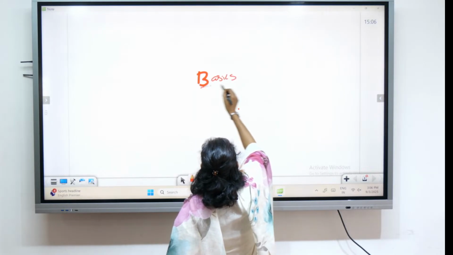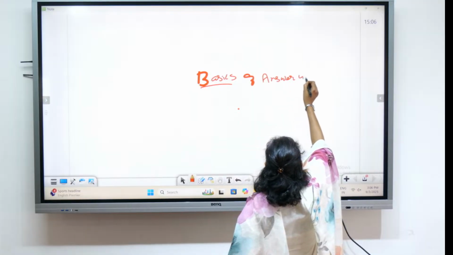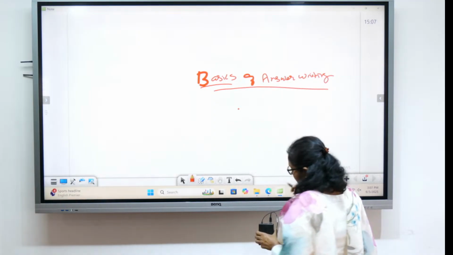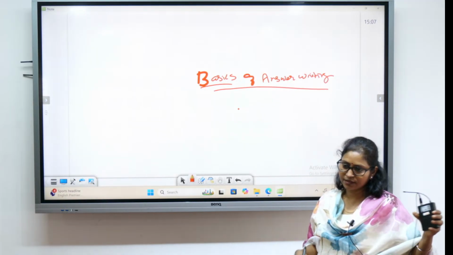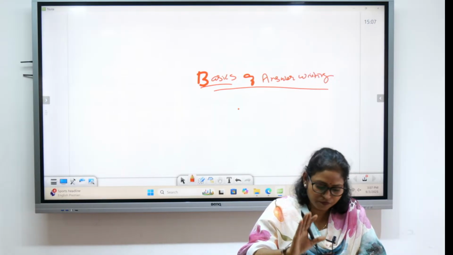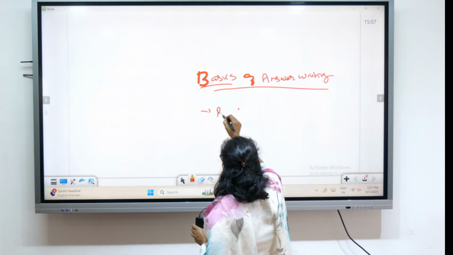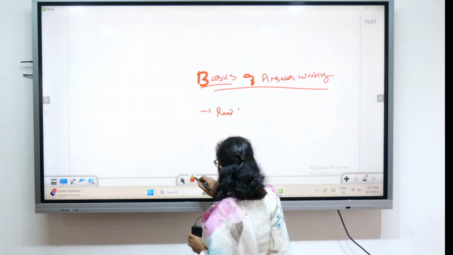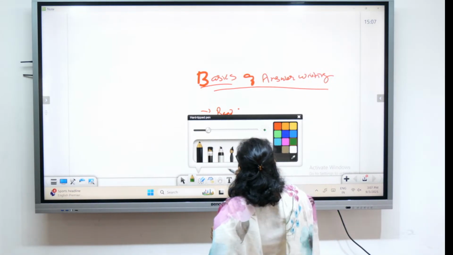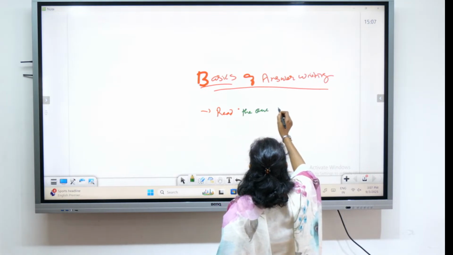Basics of answer writing. All of you know that there is a 3-step formula in answer writing, that is the introduction, body and conclusion. But before that, what is very, very important is that you read the question carefully.